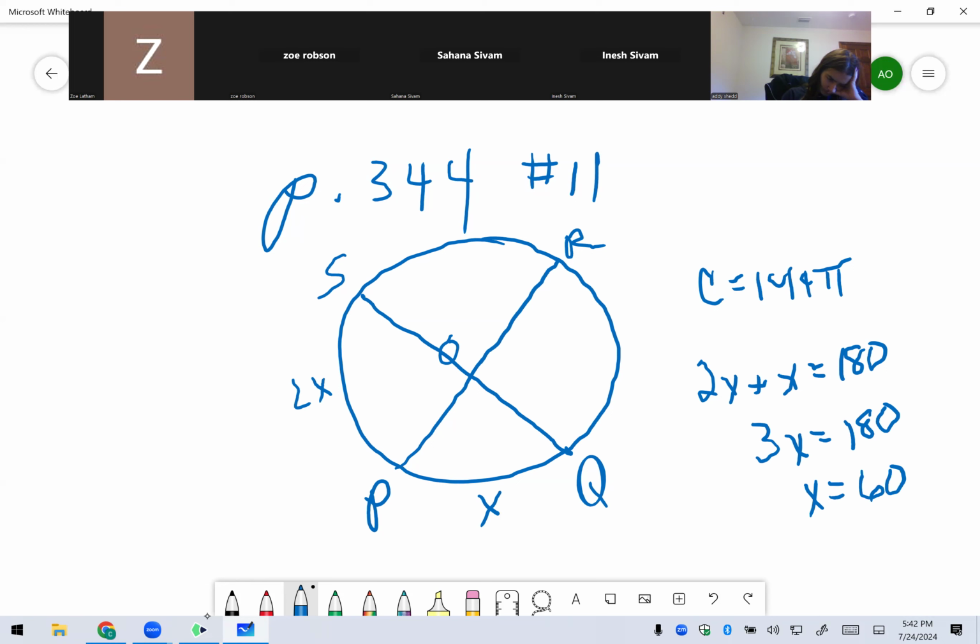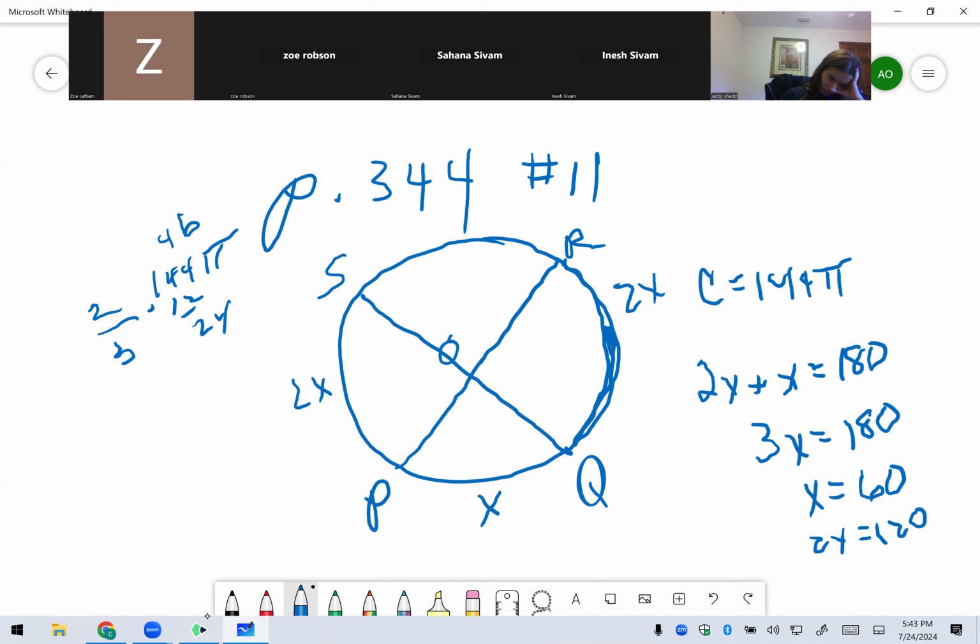We want to try to find the length of QR, which would also be 2x. So 2x is 120. So basically we need 1/3 of the circumference, right?